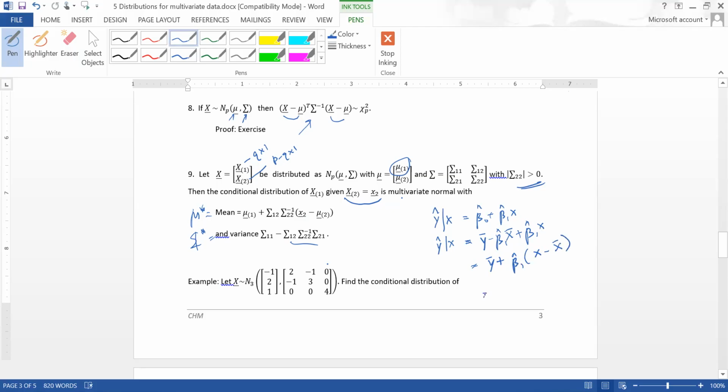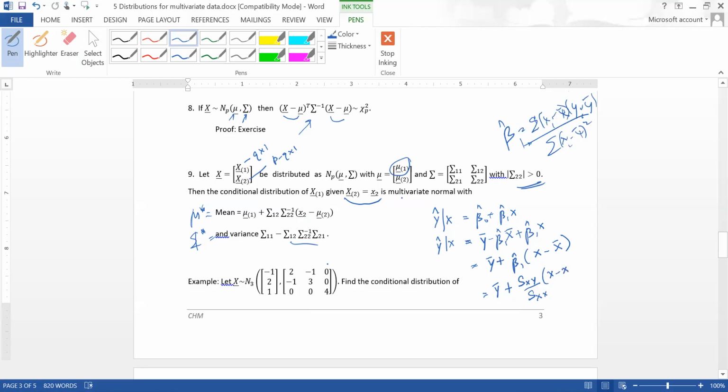So y bar plus beta 1 hat times x minus x bar. In terms of Sxx, Sxy, likewise you had. Usually beta 1 hat equals the summation of xi minus x bar times yi minus y bar over the sum of xi minus x bar squared. Yes, Pavanti, yes, Tarushi. It's Sxy over Sxx.